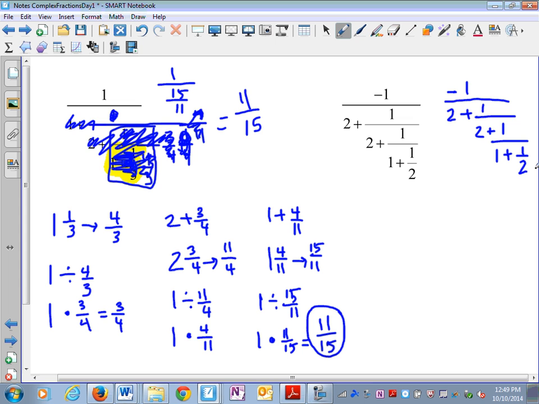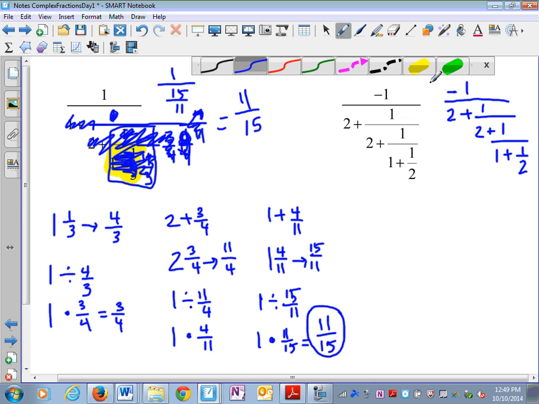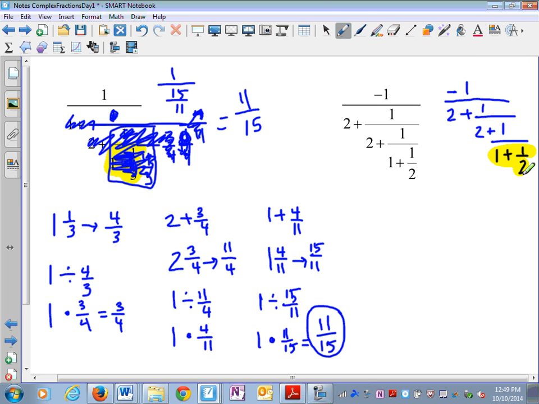Now I can show you how it's a little bit neater as you simplify by erasing and replacing, and the original problem's still there. Okay, so down in the denominator, we are going to start with 1 plus 1/2.